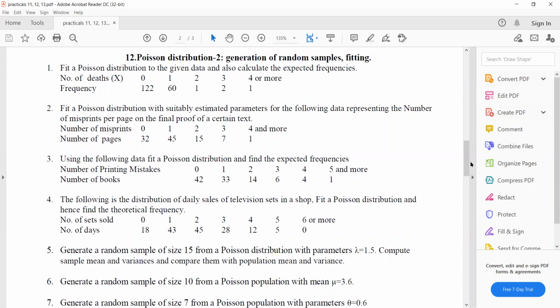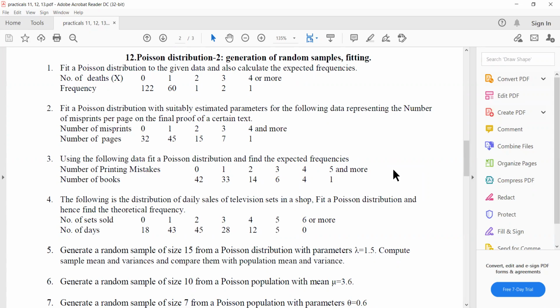So it is again similar to that of binomial distribution. You will have to fit a Poisson distribution, and then you have to generate the samples. Now fitting is very easy. Fitting means you have to obtain the parameters, either from the observed data, or if it is known priorly, you can use that.